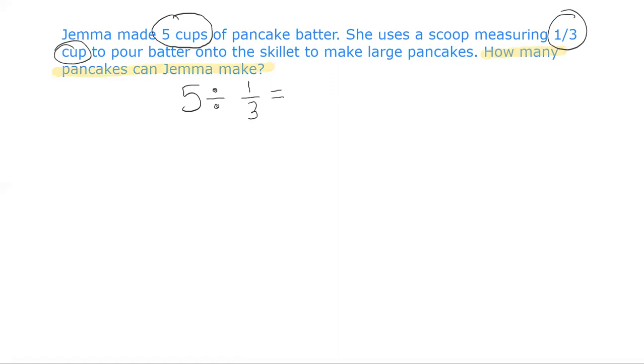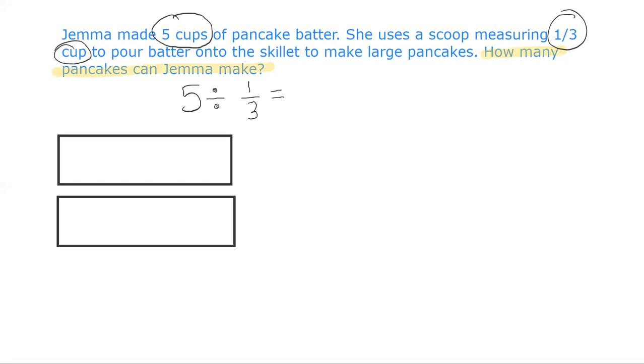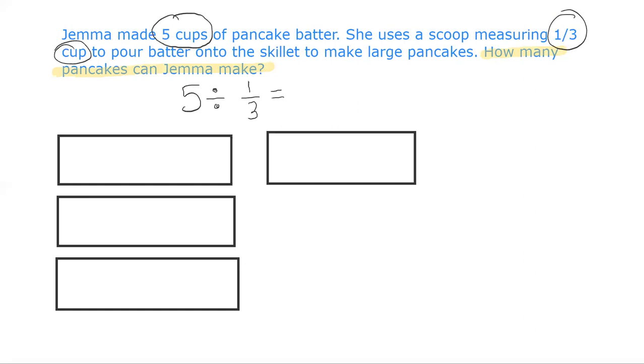So I'm going to solve this problem now by drawing a picture. I'm going to use rectangles to represent each cup of pancake batter Gemma made. So that means I'm going to be drawing 5 rectangles. I also know that she uses a scoop measuring 1/3 cup to pour the batter onto her skillet.